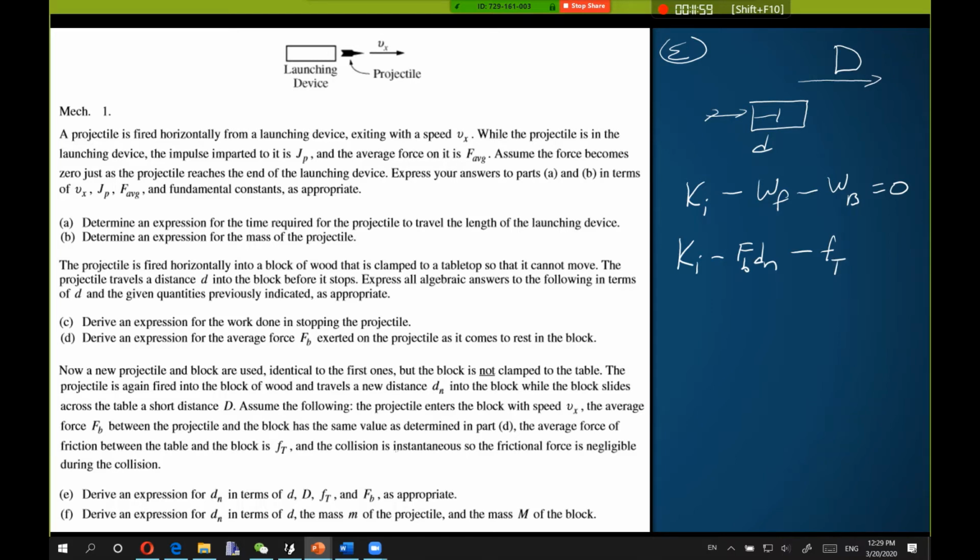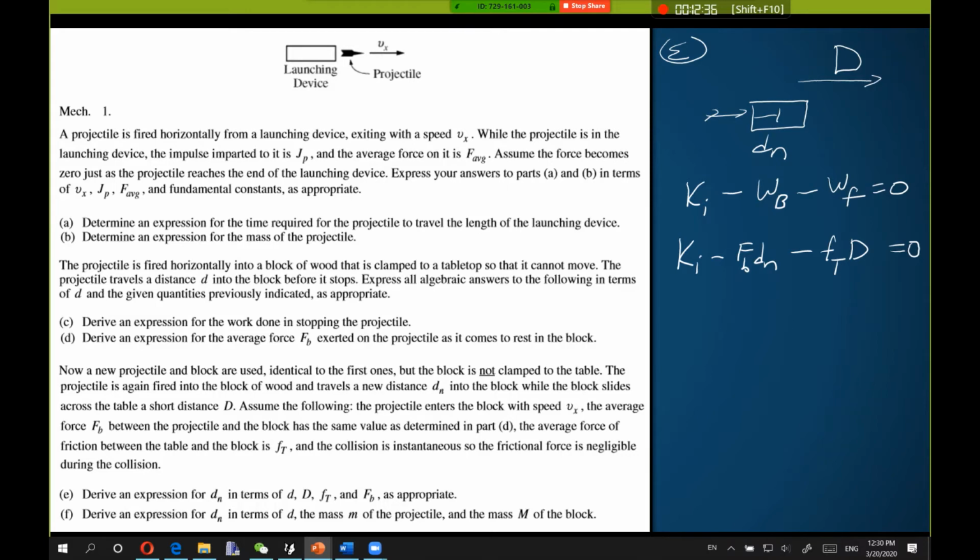Ft times what? Times the distance. Which distance? Dn or capital D? Capital D, because that one's... so I'm going to reverse these up here.